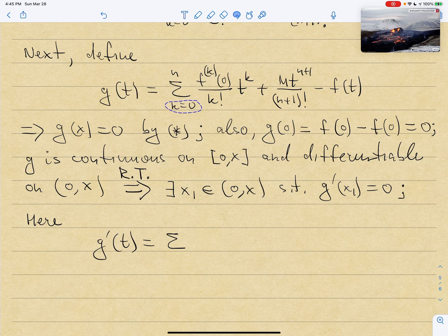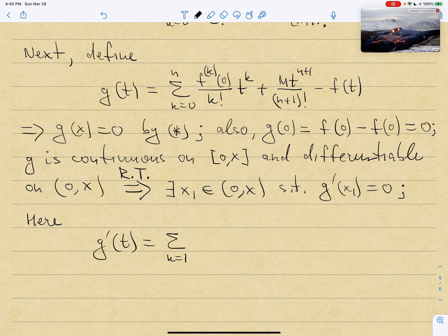So I can start from k equal to 1, go to n. Well, am I going to n or am I going to something less than n, right? Because my polynomial here is an nth degree polynomial, so if I take a derivative, it is going to be a polynomial of degree n minus 1.